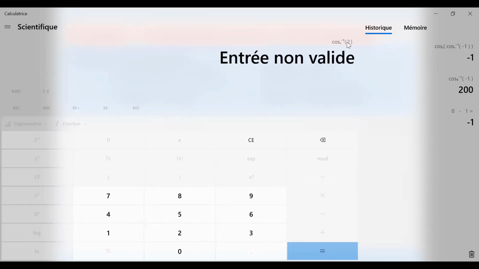Okay, so since 2 is not in the domain of cosine inverse, we cannot compute cosine inverse of 2.